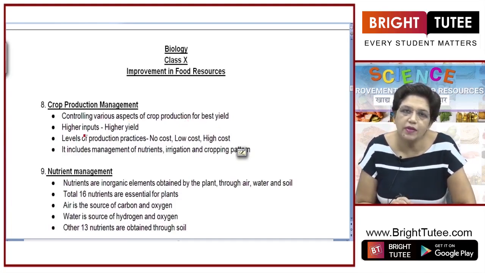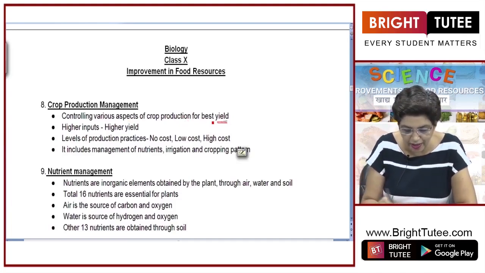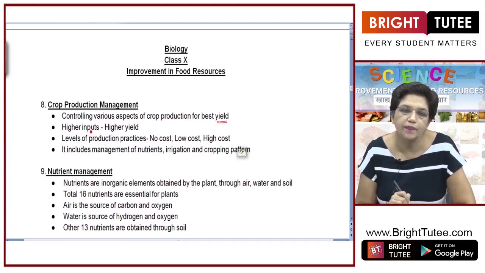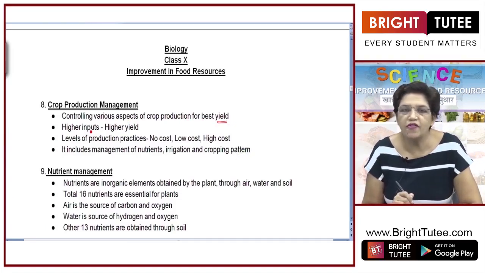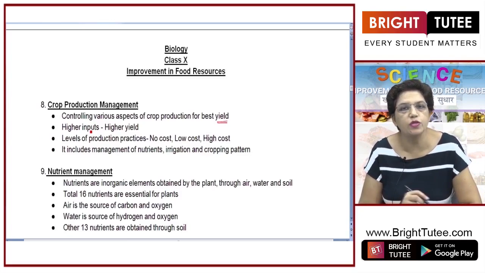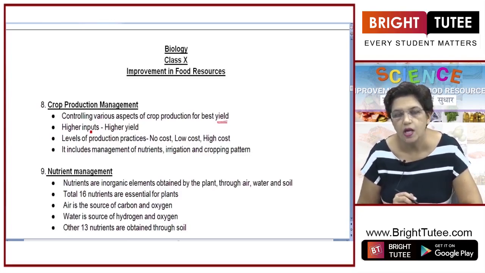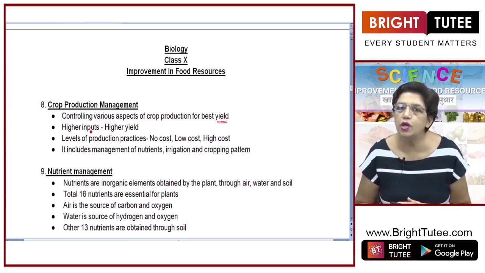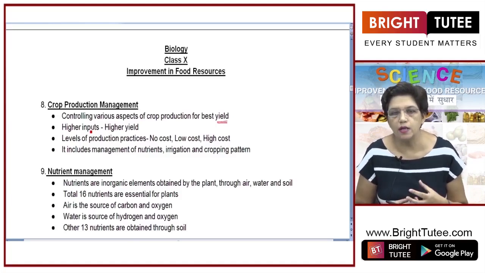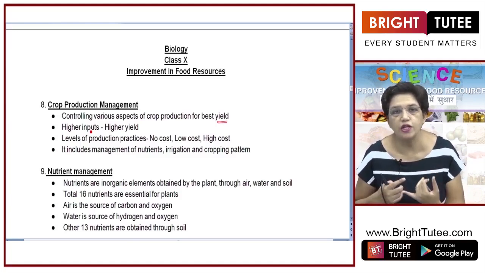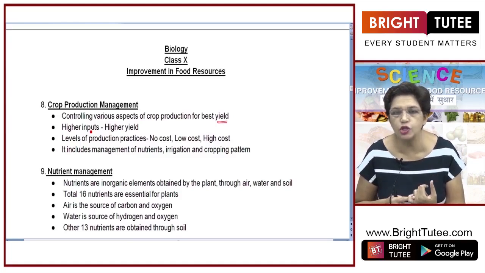Now, the yield is directly proportional to the inputs. In India, some farmers are poor and have very small pieces of land, while on the other hand there are big farmers with big pieces of land. The small farmers do not have enough money to buy inputs like high yielding variety of seeds or the latest tools and machines.